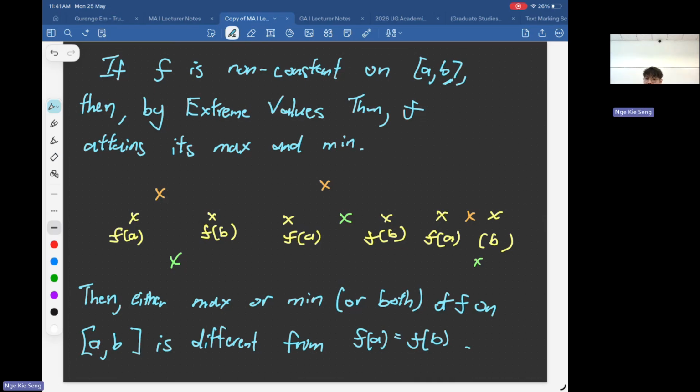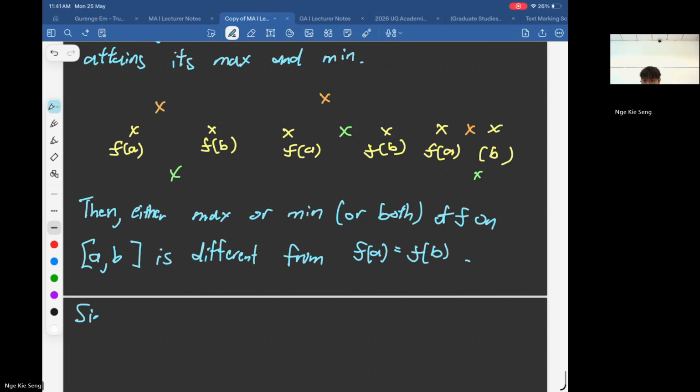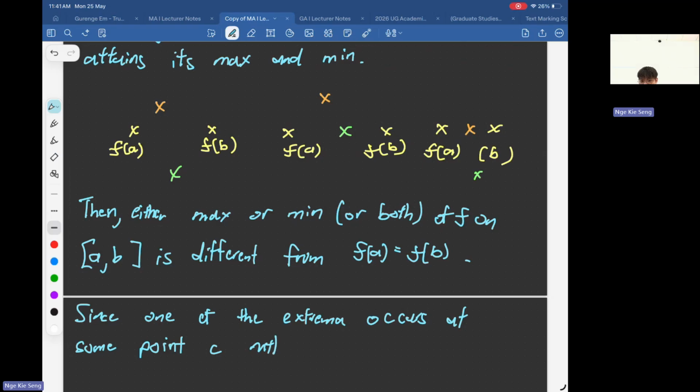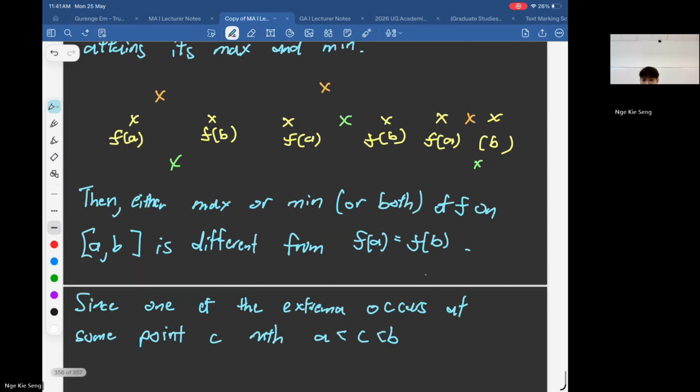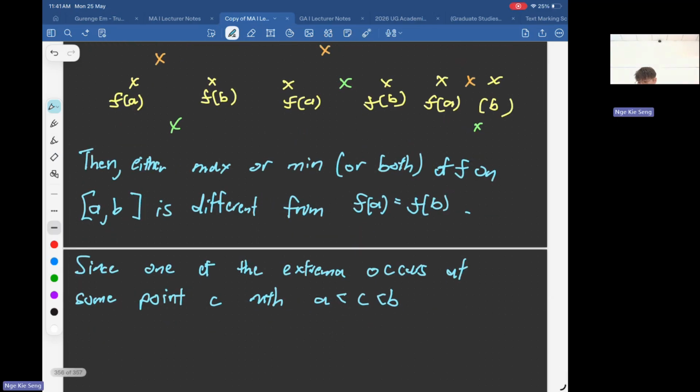So as long as the extrema occur, where do I find the zero derivative point? It is exactly at this extremum. This extremum will give me the zero first derivative, so f prime of c is 0.